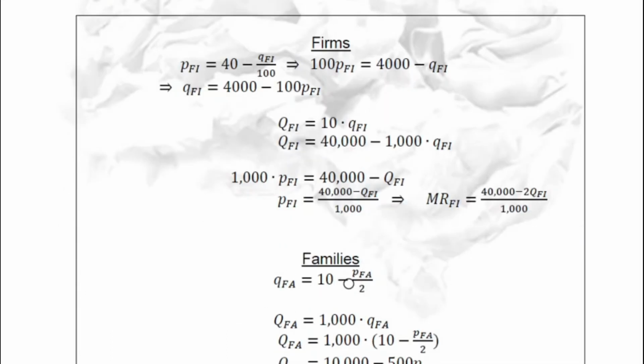Okay, families, this is the individual demand from families, so each family's individual demand, and as they are 1000 identical families, we multiply: 10,000 minus 1000 times this is 500p.